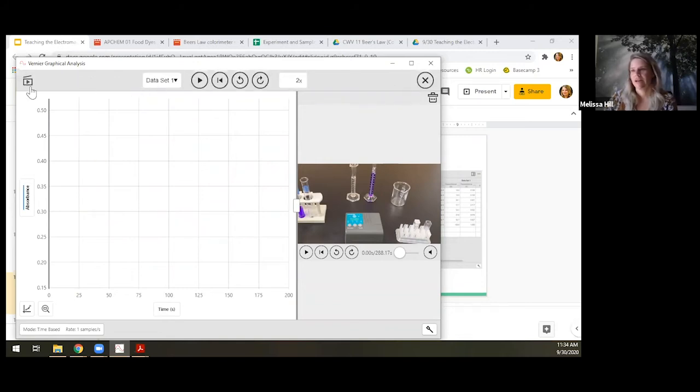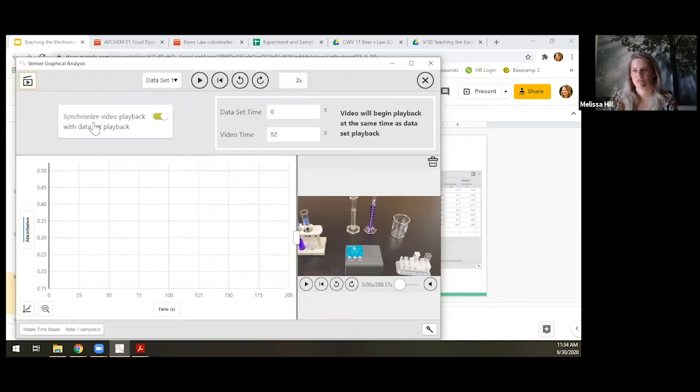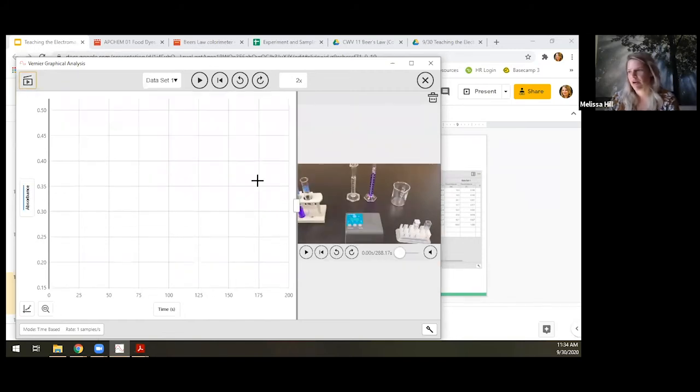So this replay up here, if you're making your own, you would synchronize your video playback. And what this is saying is that when data set time 0, when the video gets to the 50-second, then the data will begin. That's what all this is saying. And you can set this up if you're doing your own video and your own data set, but we've already done it for you with this sample experiment.